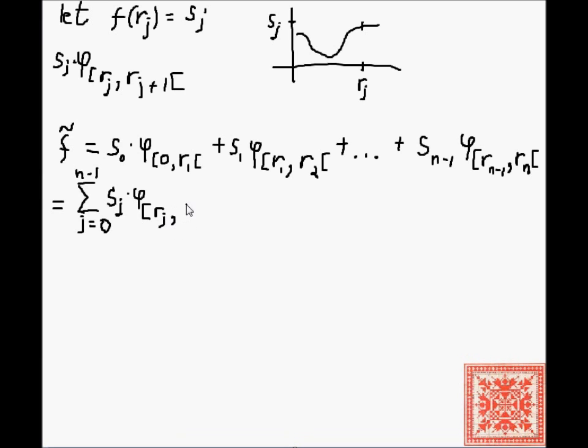So this is how we represent the step function that in turn represents the original signal function, f of r equals s. On the horizontal axis we have these intervals: from 0 to r1, from r1 to r2, and then from r sub n minus 1 to r sub n.